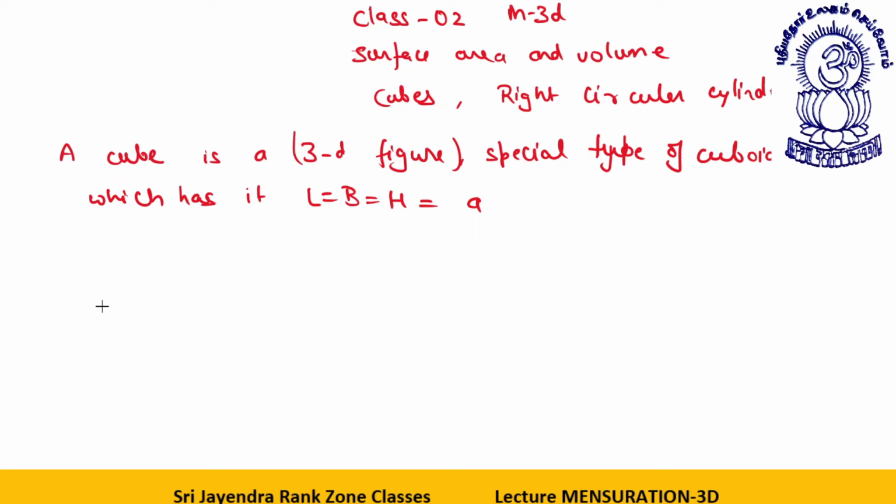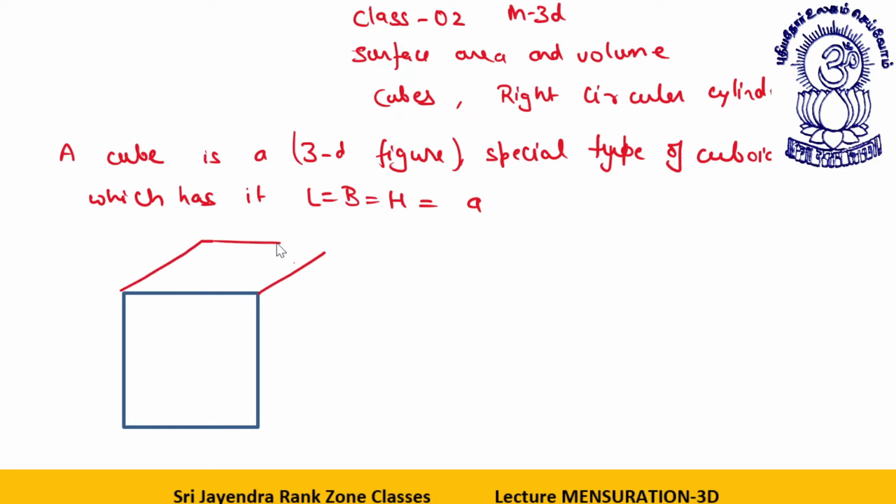Now if I take this, I draw this way, I draw this way, I join this, I draw this. Fine. The length as well as breadth as well as height are all equal to a.